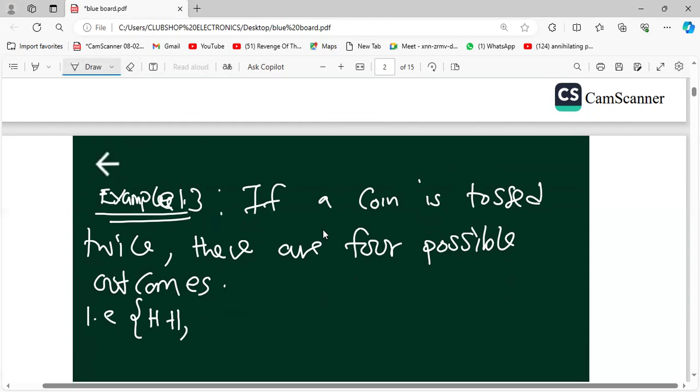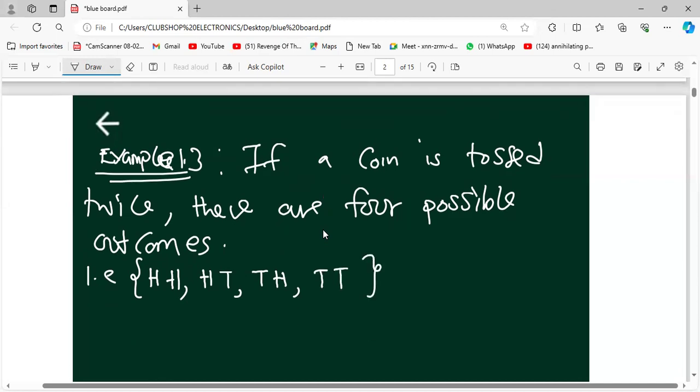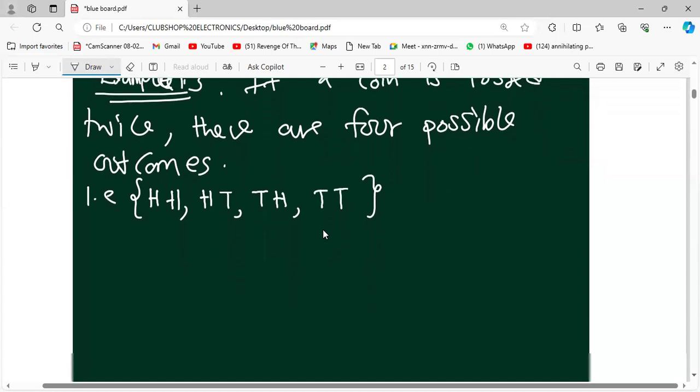Then it is possible that you toss for the first time, head appears, but for the second time, it is the tail. Or as you toss for the first time, you have tail, then for the second time, you have got the head. Or indeed, first time it is tail, and the second time it is tail. So there are these four outcomes.